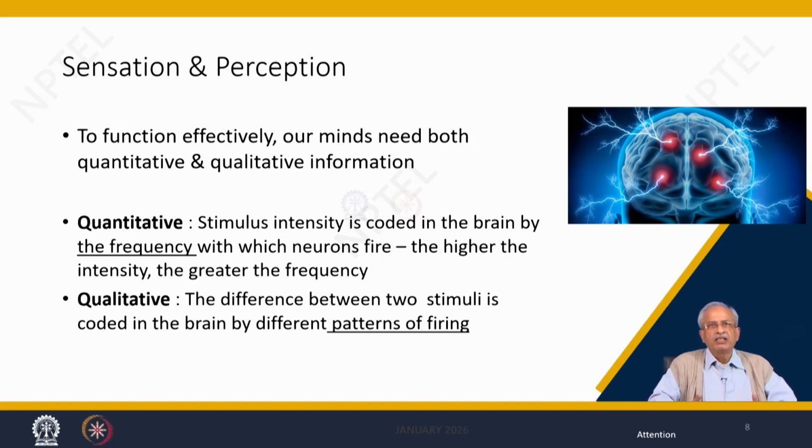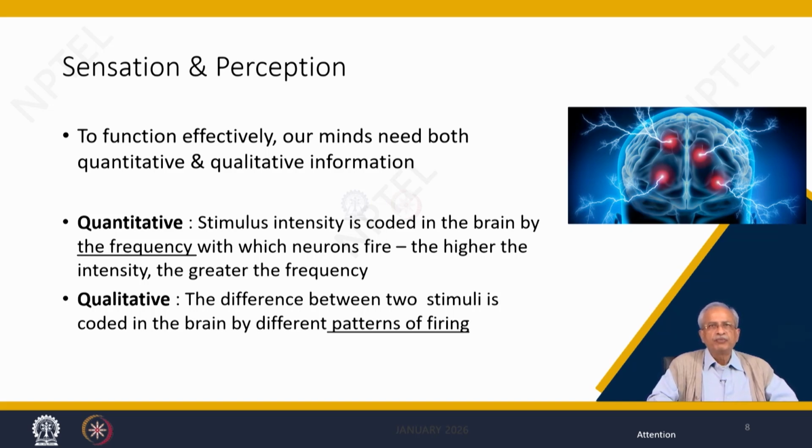When we see something, the stimulus intensity is coded in the brain, that is, how many times the neurons are fired from outside. When electromagnetic energy comes to my brain, the higher the frequency, the higher the intensity. So, in quantitative terms, the brain requires information in frequency, which can be measured. But the brain also gets qualitative input.